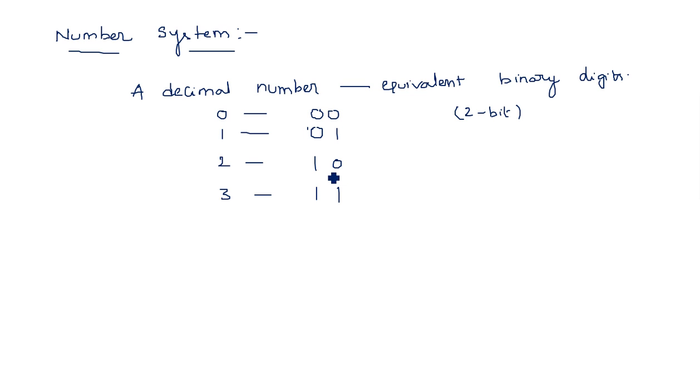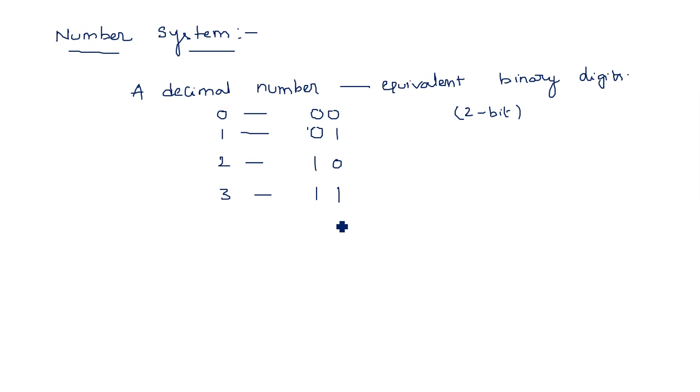That means in binary we represent the input integer or decimal number in terms of its equivalent powers of 2.